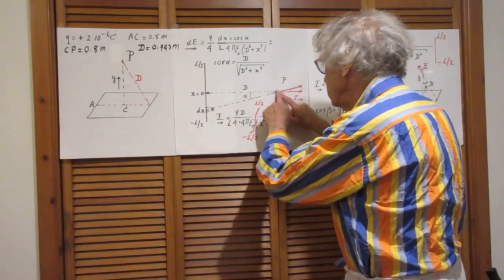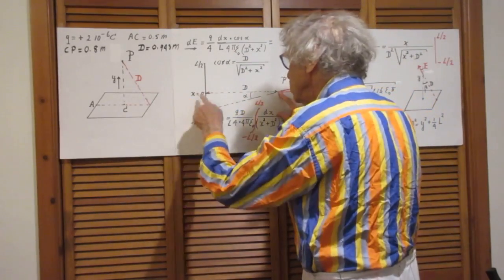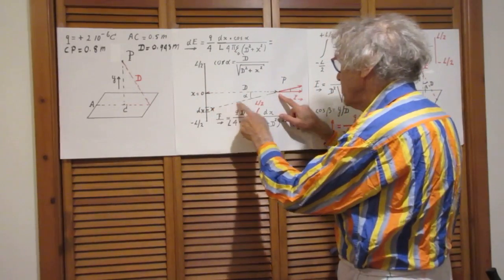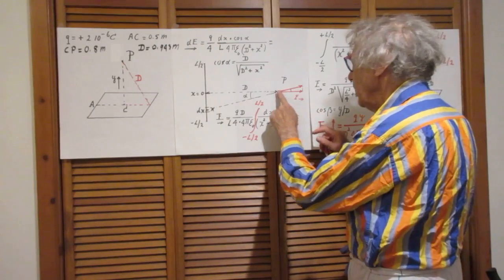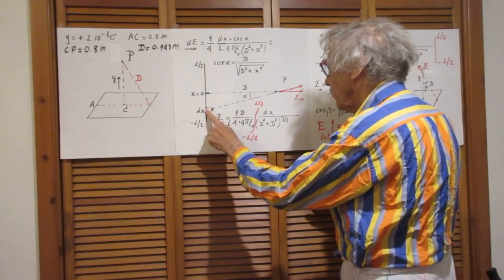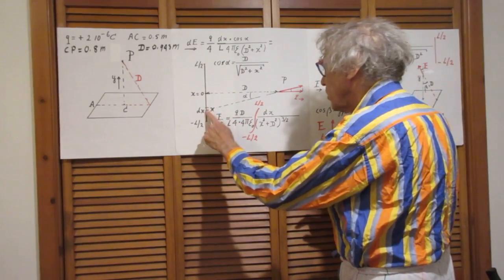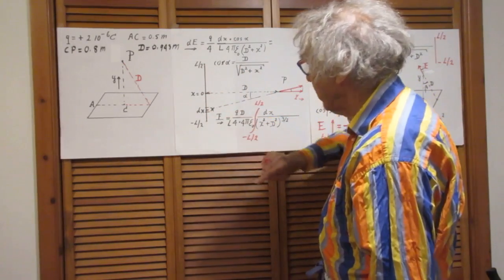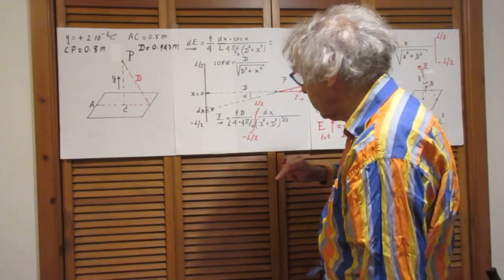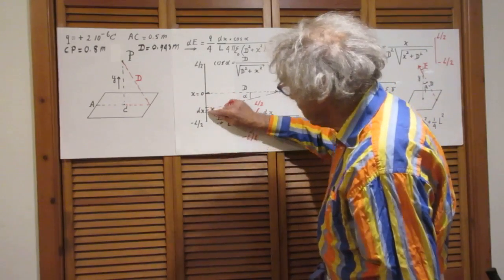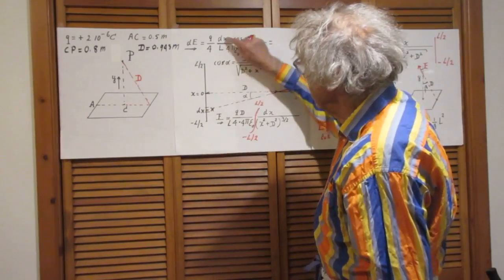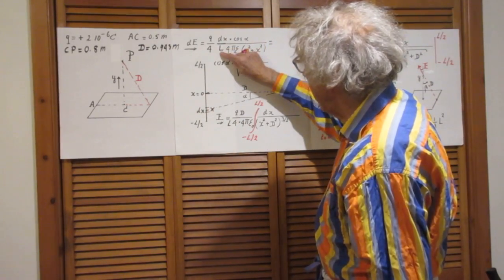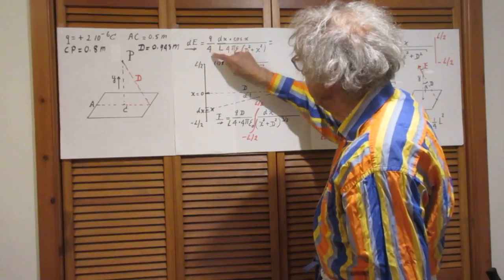Here is D. What is the electric field at point P due to this little bit of charge? How much charge is there here? Well, the total charge on length L is Q divided by 4, and so the amount of charge on this little section is dx divided by L times Q divided by 4.